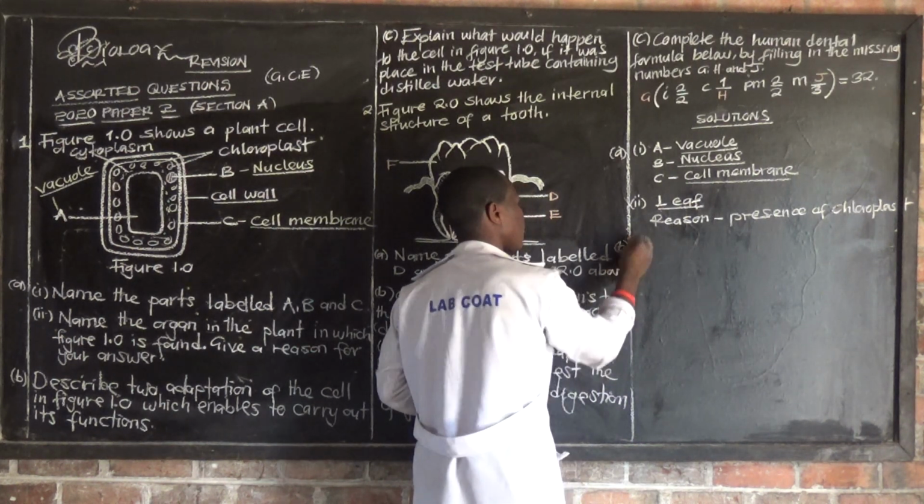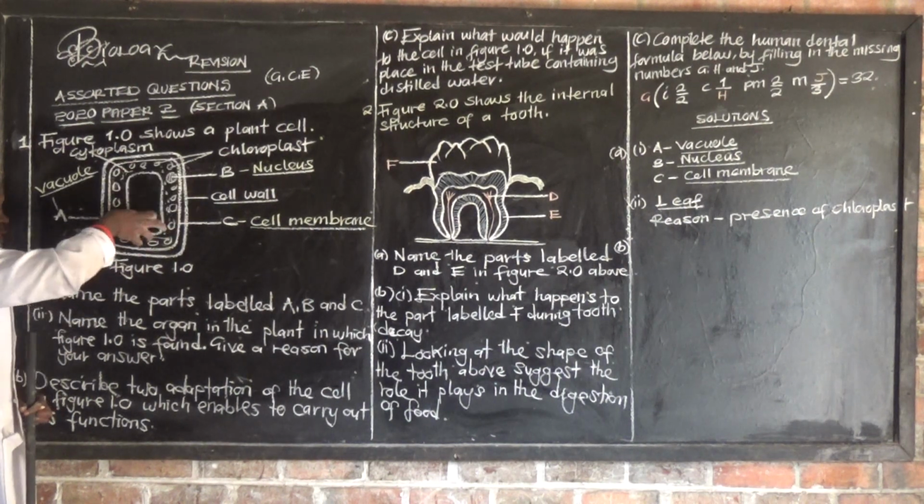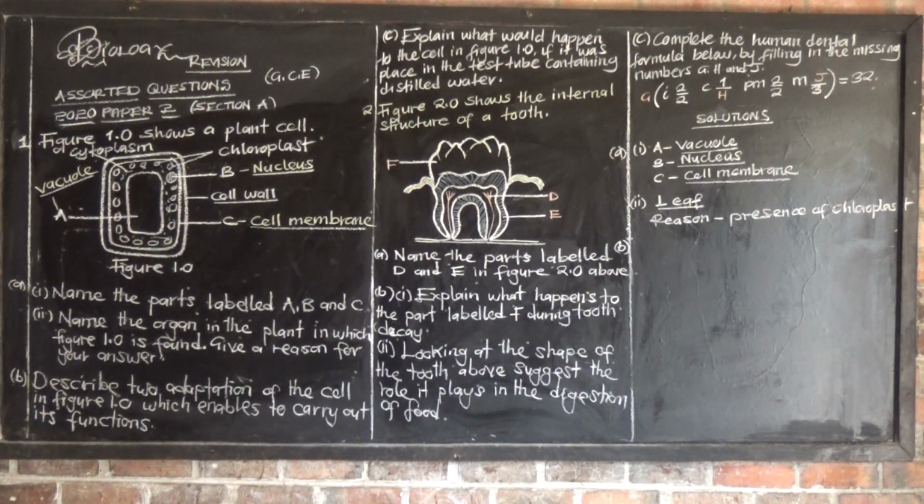Then question B. Question B is saying, describe two adaptations of the cell in figure 1.0. So it asks for the adaptations that enable this cell to undergo its function. First and foremost, we need to identify this cell. This is a palisade cell. What is the function of the palisade cell?